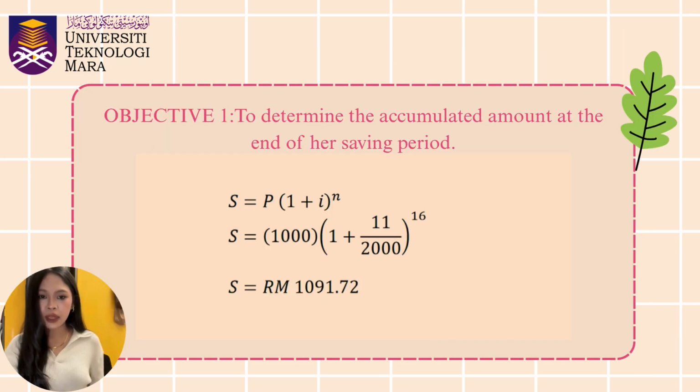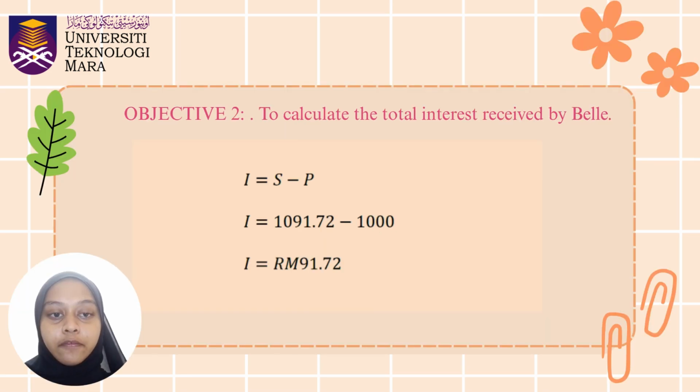Objective 1. To determine the accumulated amount at the end of her saving period. S equals P in bracket 1 plus I to the power of N. S equals 1,000 in bracket 1 plus 11 over 2,000 to the power of 16. S equals RM1,091.72. Objective 2.